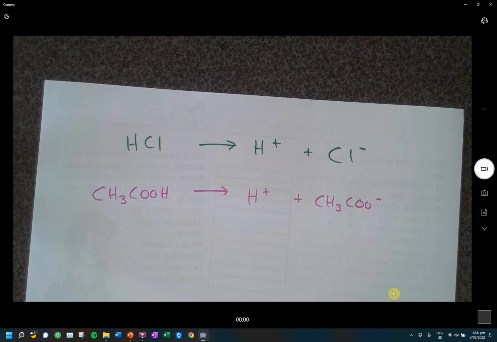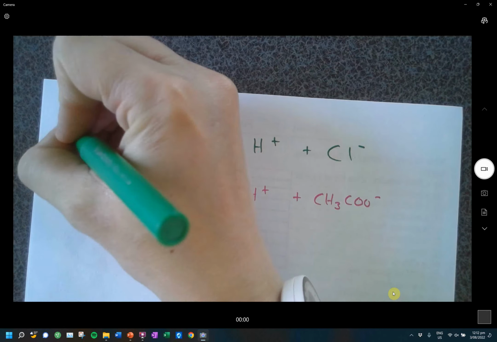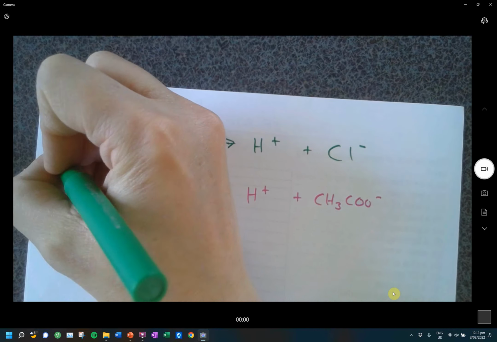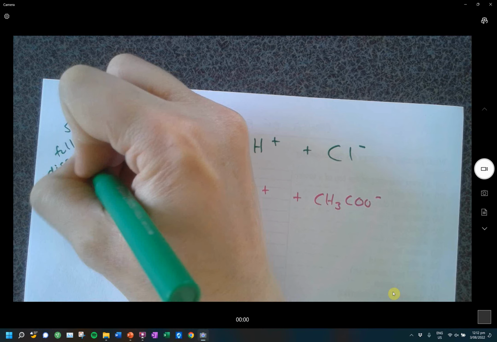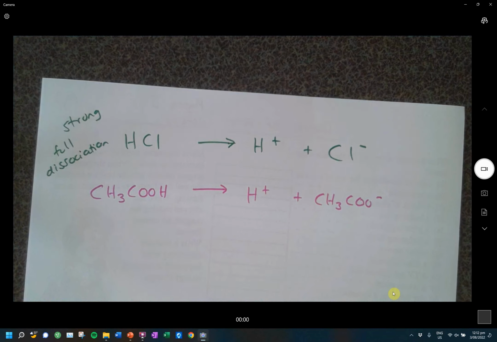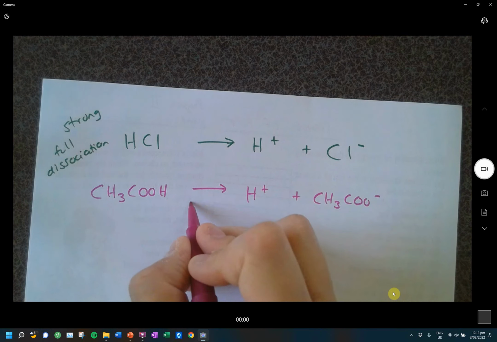Now, dissociation is how well does that break apart and release those hydrogen ions? Because it's not an acid until that hydrogen ion's free. So this here with the hydrochloric acid is a strong acid, and that's because there's full dissociation. So it fully goes in the forward direction, releases all its ions. For the ethanoic acid, it is a reversible reaction.